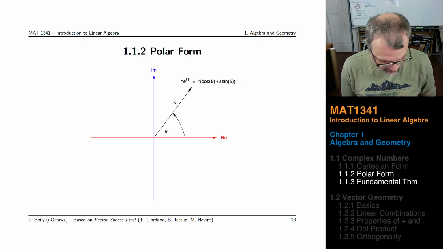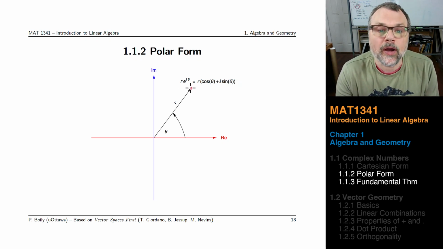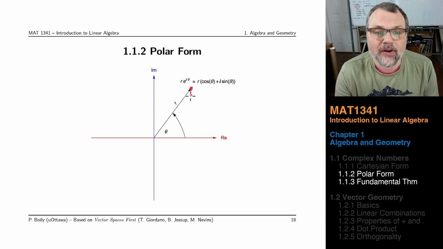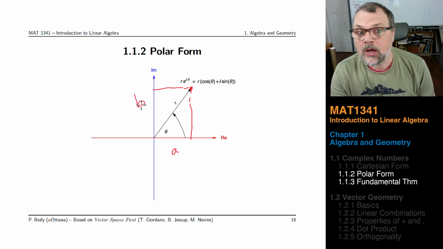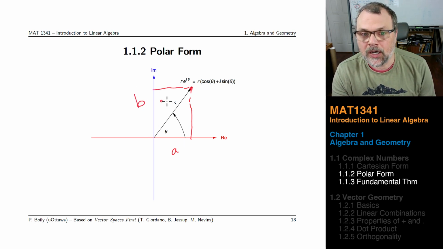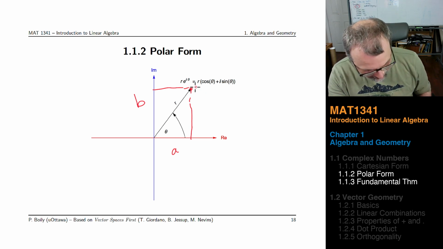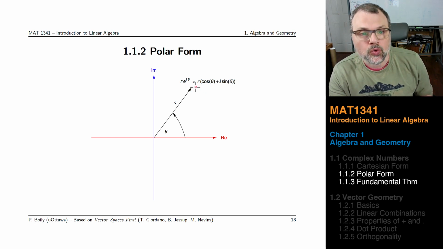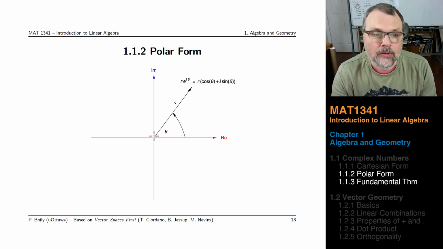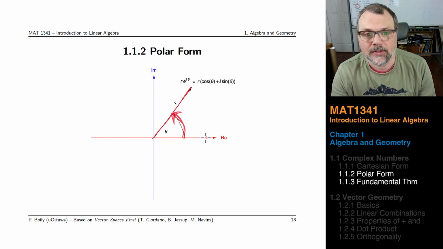Polar form says a point somewhere could be identified according to its a, b coordinates, according to its real part and imaginary part, but you can also identify it according to the length of the vector, the modulus, and the angle that it makes with respect to the real axis.